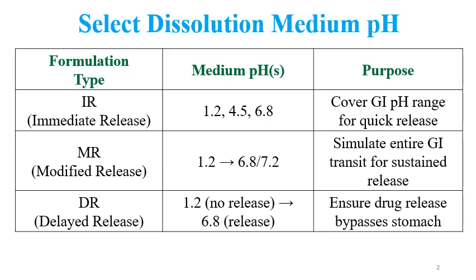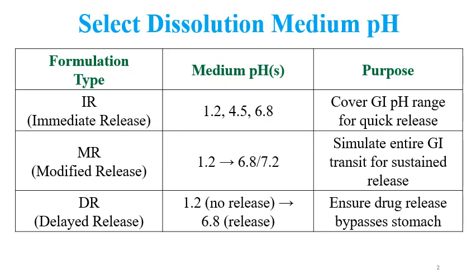For IR formulations, the purpose is to cover the GI pH range for quick release. Also understand the BCS class of the API. For modified release, simulate the entire GI transit for the sustained release.